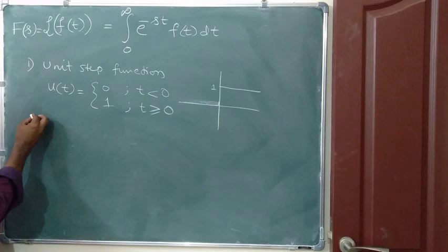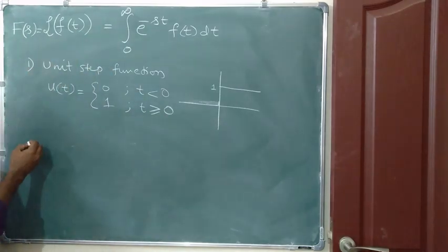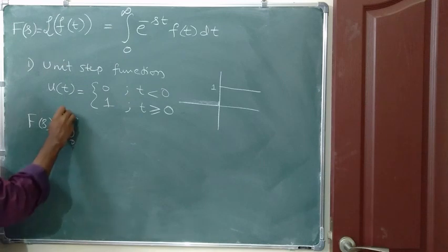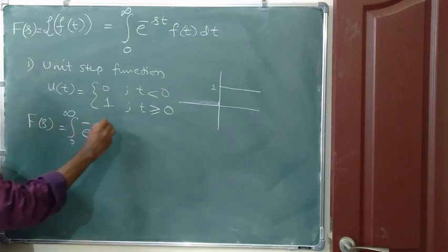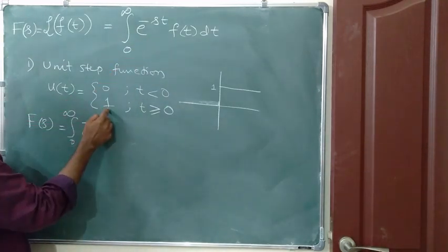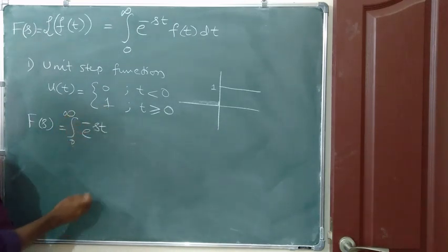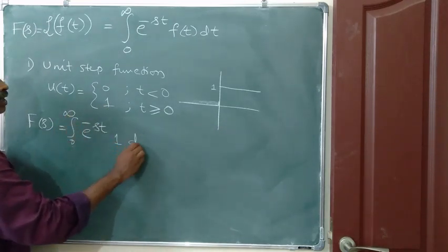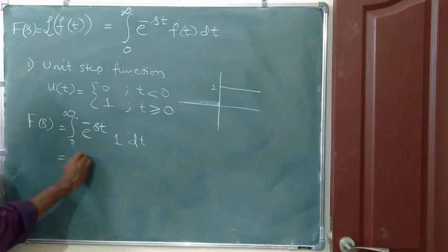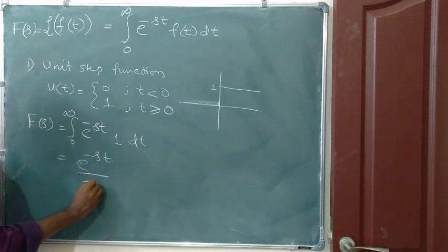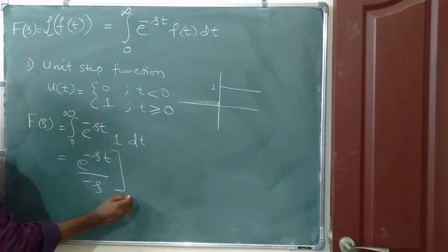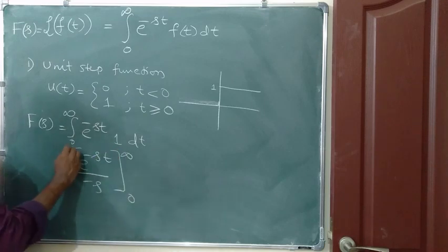Now we will substitute here. So F of s is equal to the integral from 0 to infinity of e to the power minus st f of t, and f of t is equal to 1 when t is greater than or equal to 0. So 1 dt. Integrating, we will get e to the power minus st divided by minus s over the range 0 to infinity.